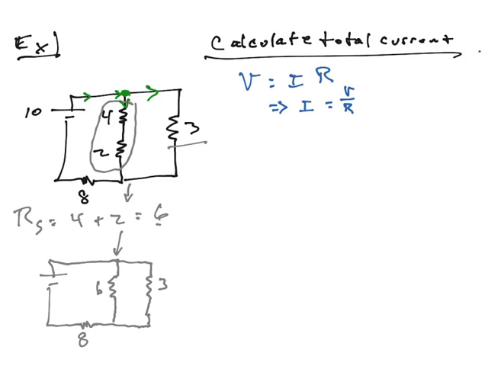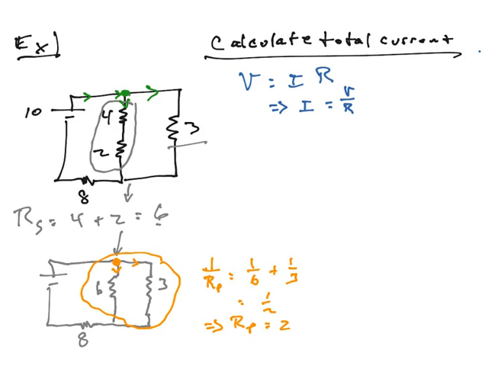Again, the 8 sitting out there by himself, forget about him. 6 and 3, that looks parallel to me because, again, here's a point where the electron could either go to the 6 or it could go to the 3. So I'm going to say 1 over R parallel is 1 over 6 plus 1 over 3. That gives me 1/2. Thus, R parallel must be 2.